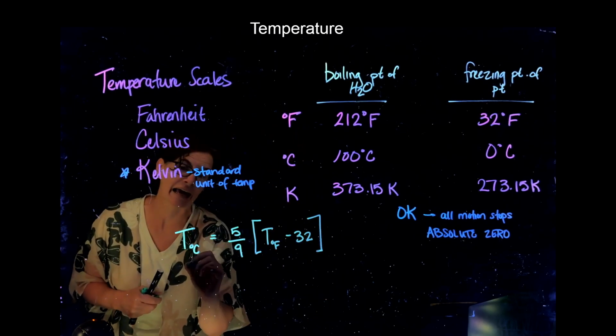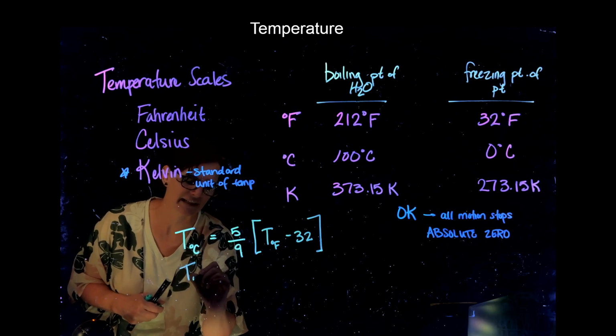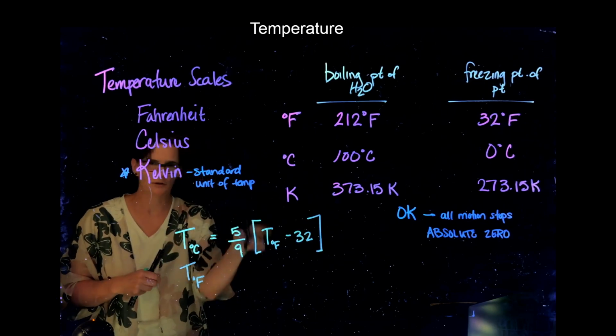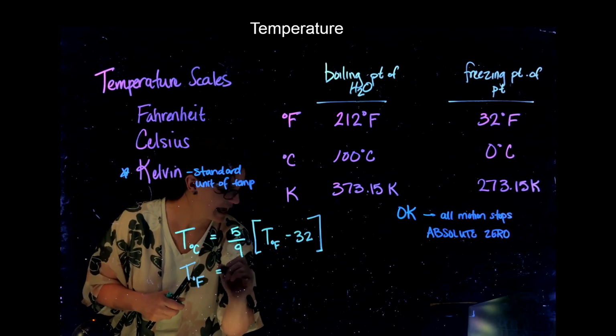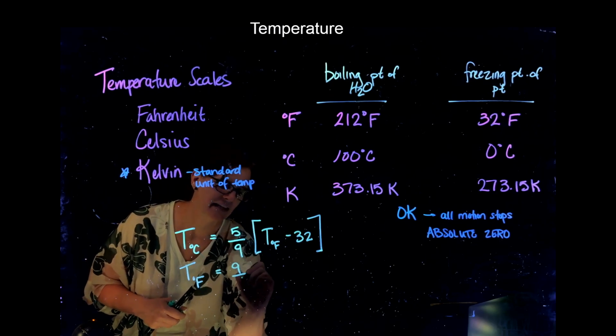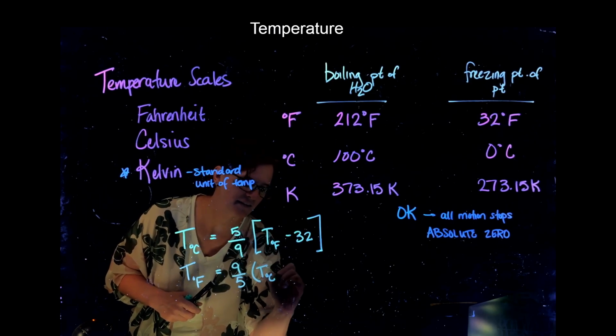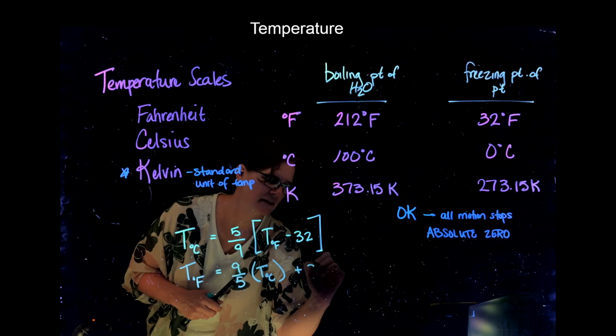If I have my temperature in Celsius and I want my temperature in Fahrenheit, you could do the math, but I will also just provide this: it is 9/5 times the temperature in Celsius plus 32.